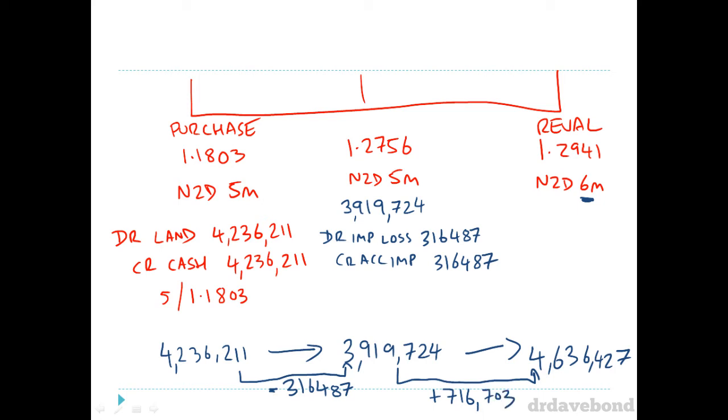Okay, so the key point just to take with all of this is what we're doing at the end of each period of time is just looking at, from an Aussie dollar perspective, what is being shown there. So we're going, it's worth 4.236, it's worth 3.919, it's worth 4.636. So that's what's getting reflected in terms of the values on the books.